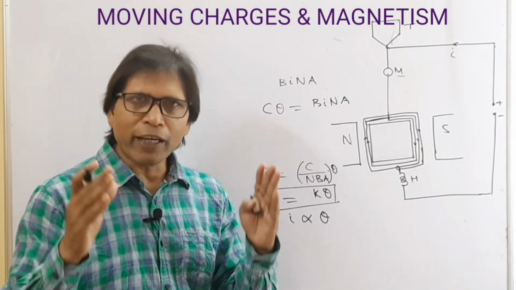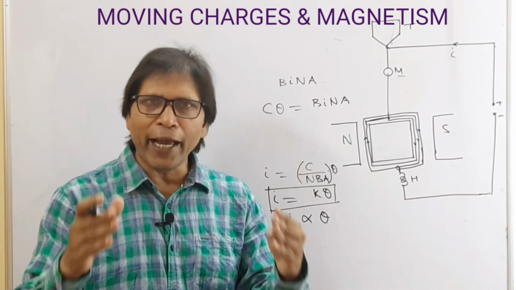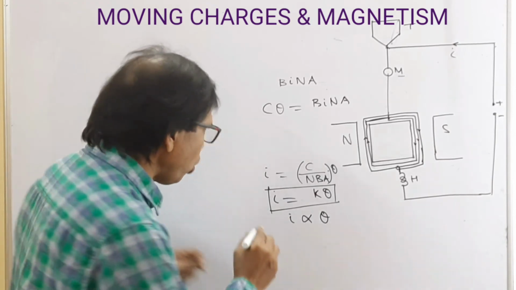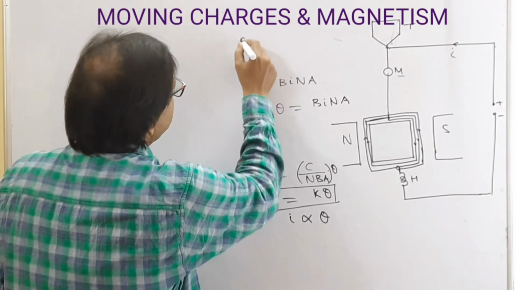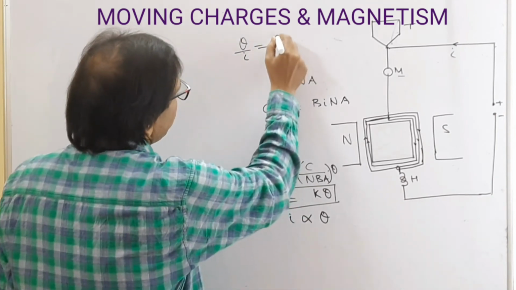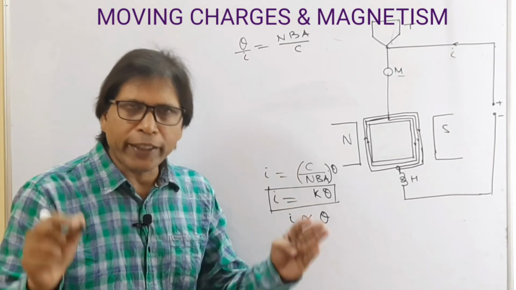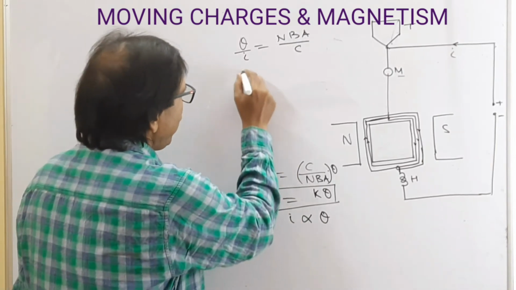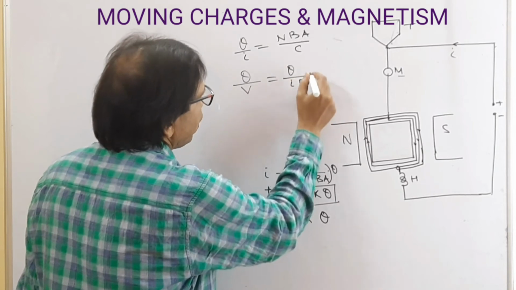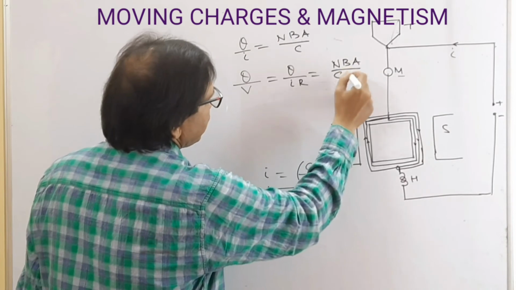Now, current sensitivity. Current sensitivity is the angle of twist per unit current. So current sensitivity θ/I equals NBA divided by C, and voltage sensitivity θ/V equals θ/I into 1/R, so this is NBA divided by CR.